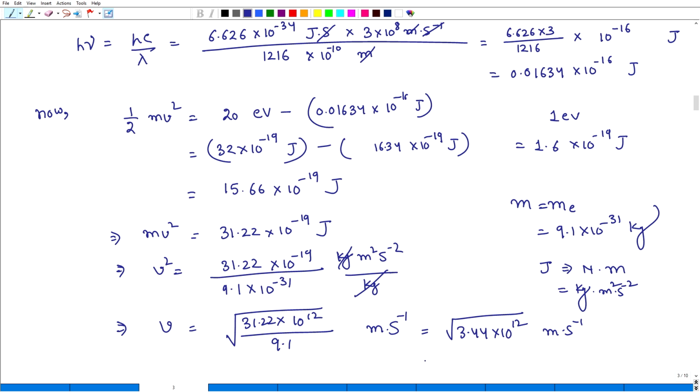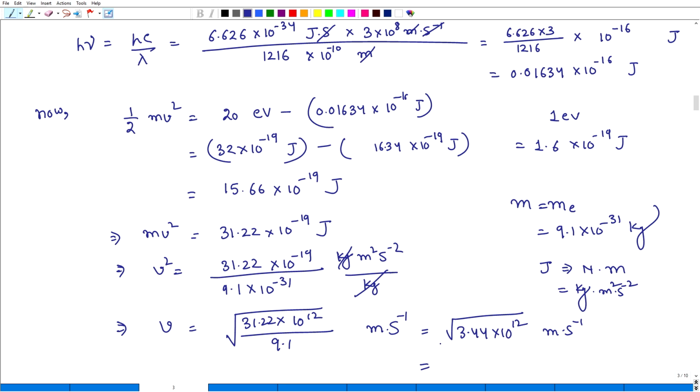Now this is v square, the velocity squared after collision, so we have to take the root of the answer.